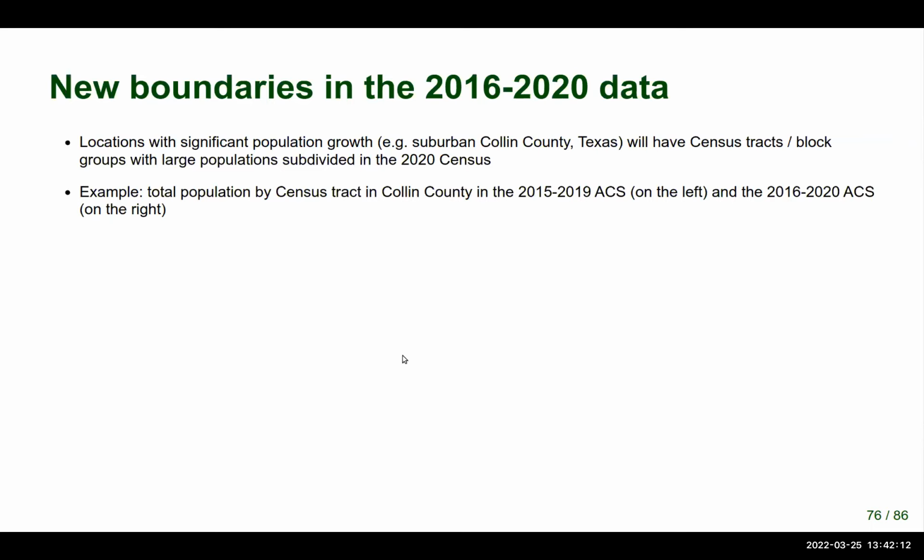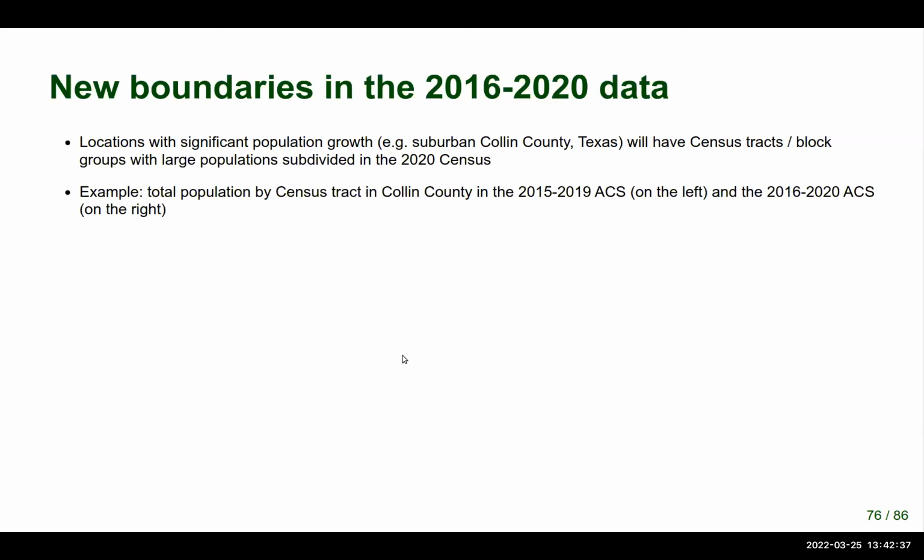But as you can imagine, 10 years is a long time for population growth. And so if you have a really fast growing area, like suburban Collin County, Texas, which I'll show in the next slide, outside of Dallas, you're going to have some census tracts that went from maybe 4,000 people in 2010 to 20 to 25,000 people in 2020 because a whole bunch of new subdivisions were built there.